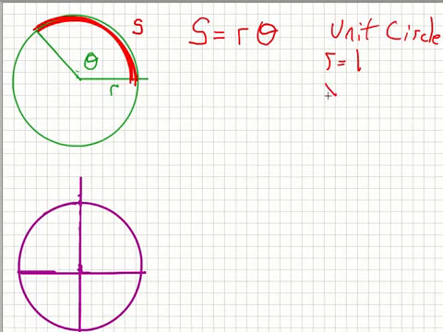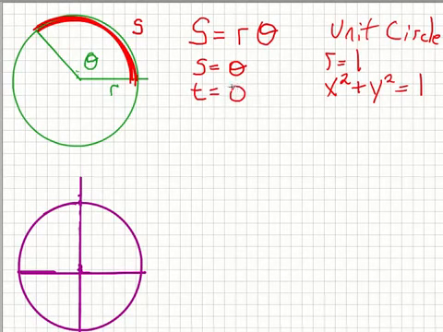So in other words, the equation for this circle is x squared plus y squared equals 1. In this case, where the r is 1, we end up with a special situation where s equals theta. Or sometimes, now that we're talking about real numbers, you might see it written as t equals theta.